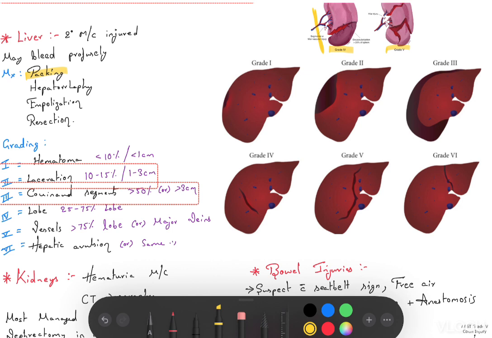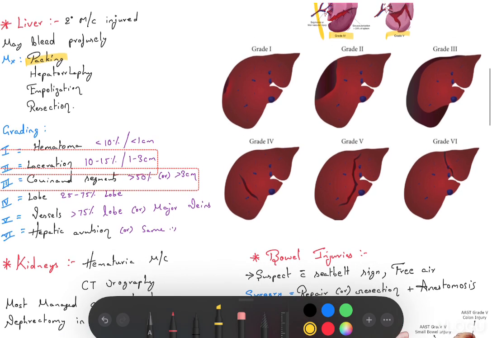Here we can see a total of 6 different grades for liver. This liver injury, the second most common as we discussed before, may bleed profusely. The management can be packing, hepatorrhaphy, embolization, and resection.